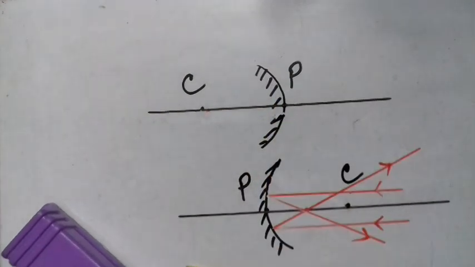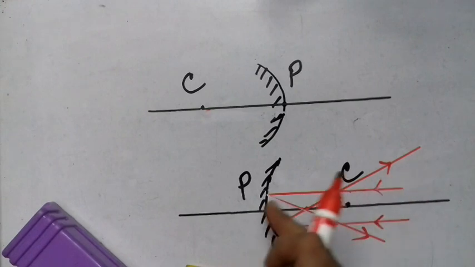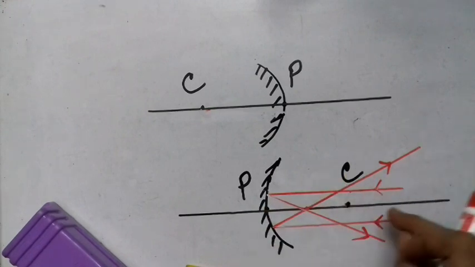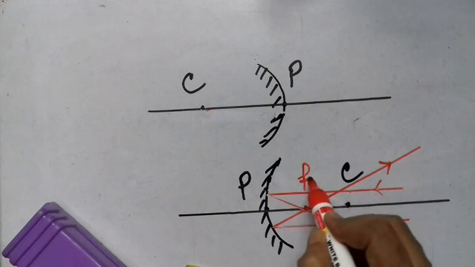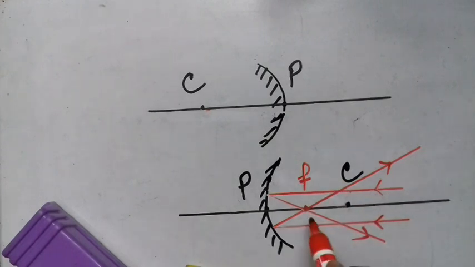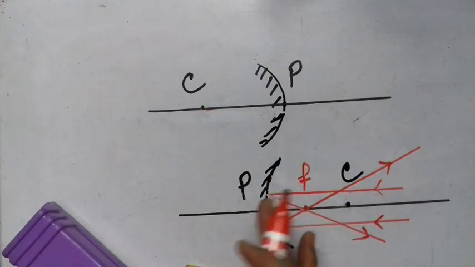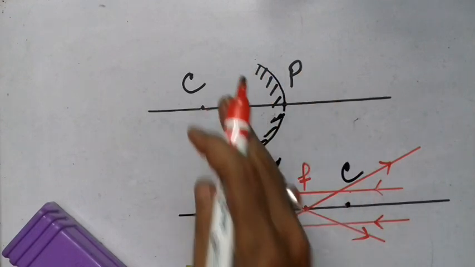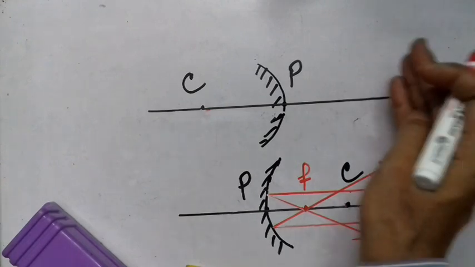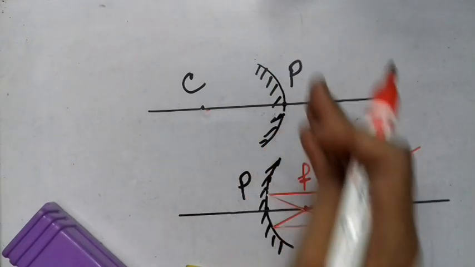Let me draw. I have taken two parallel rays parallel to the principal axis. They will meet at a point on the principal axis. This point is called the principal focus, and in case of a concave mirror it is in front of the mirror, whereas it is behind the mirror in case of a convex mirror, since light will come from this side.